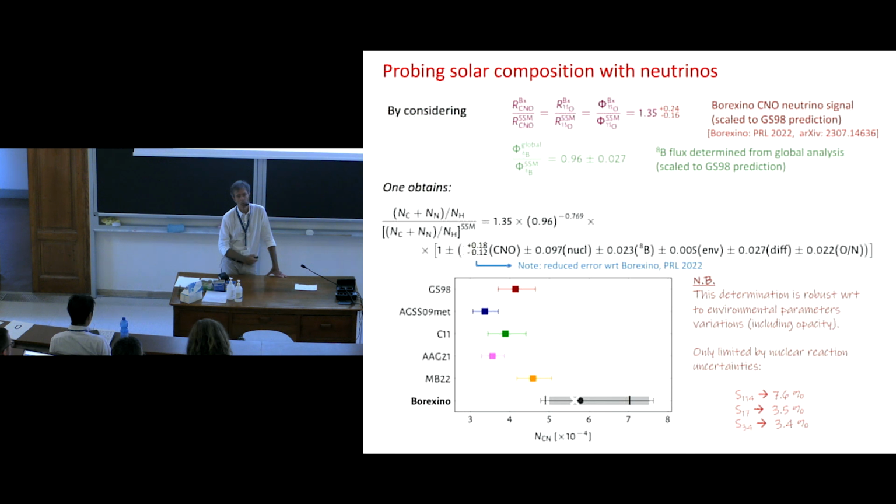In principle, to calculate a standard solar model, you need an opacity table, which means you need to know the opacity as a function of density, temperature, and chemical composition for all the possible range of parameters which are relevant for solar model construction.